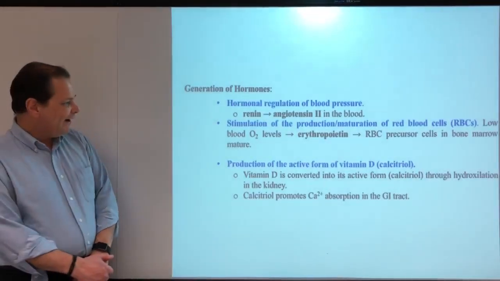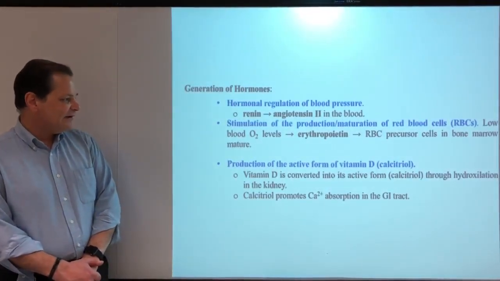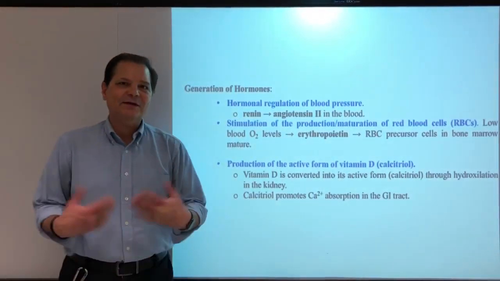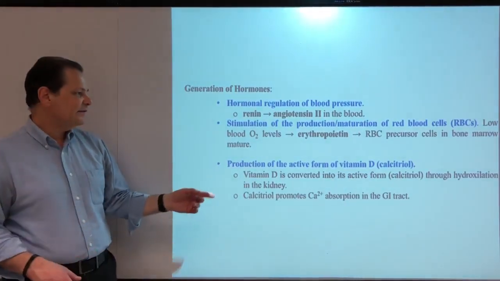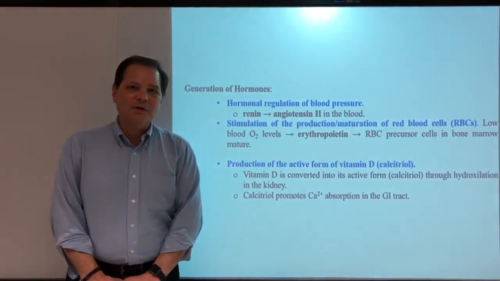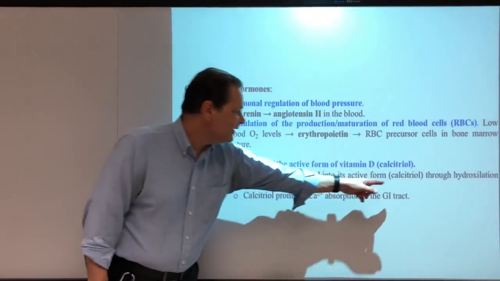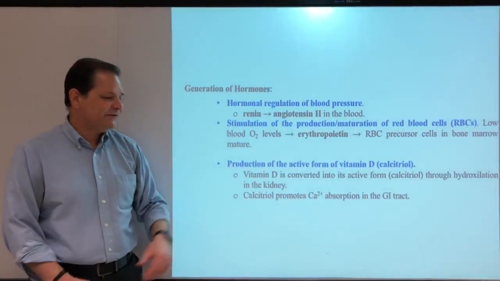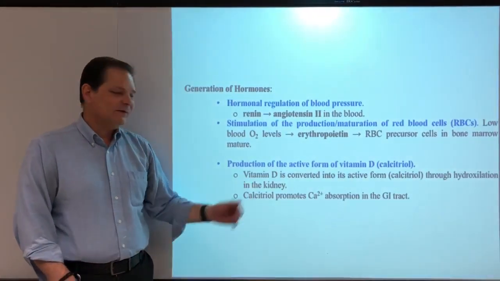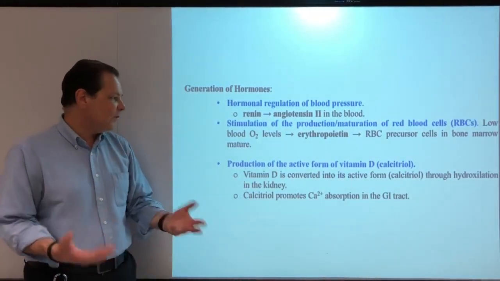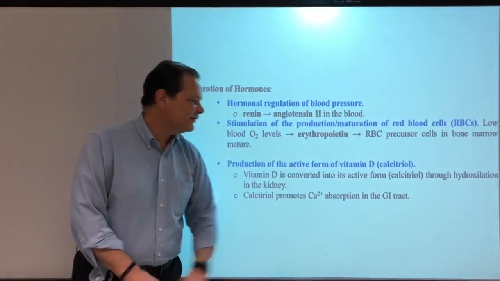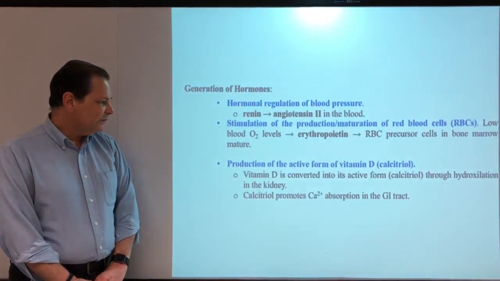And we have production of the active form of vitamin D. Vitamin D is taken in through the diet, or it's produced in the skin, and then through a couple of reactions, one of which takes place in the liver, and then the last hydroxylation takes place in the kidney. So the kidney is the final step, and it's where the active form of vitamin D, that is calcitriol, is produced.